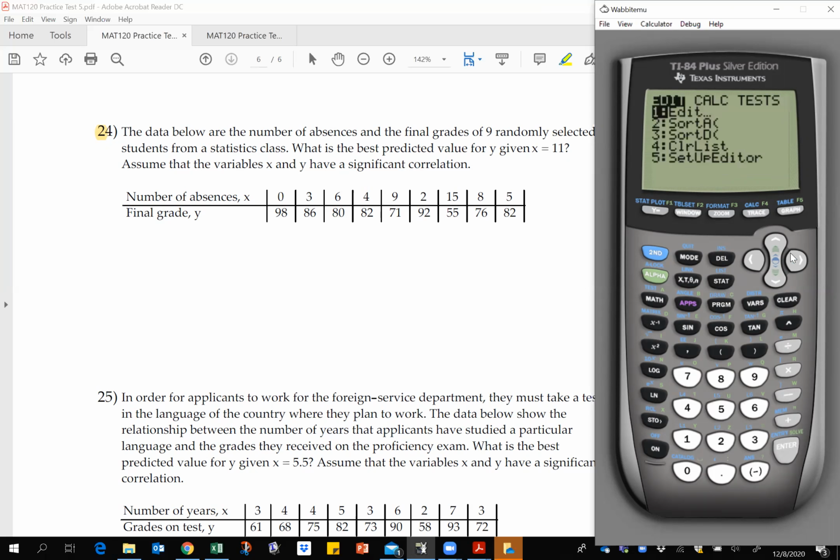We do stat, calculate, linear regression, and that should give us the coefficients of our regression equation.